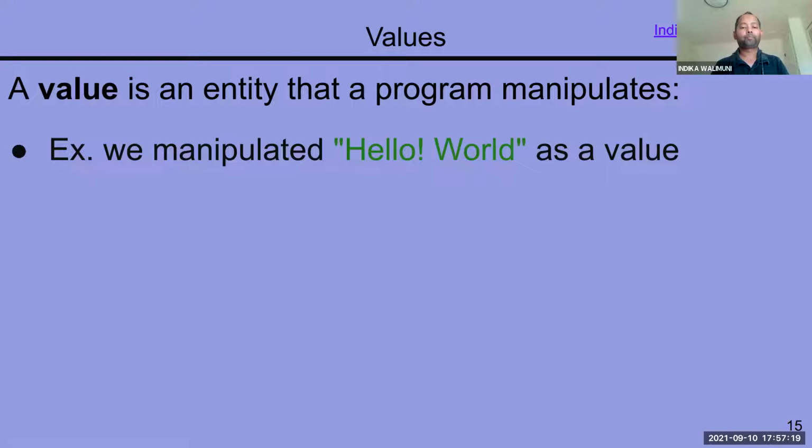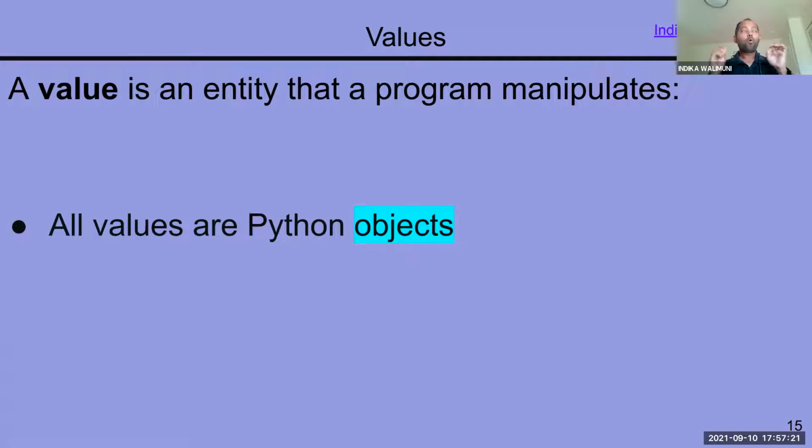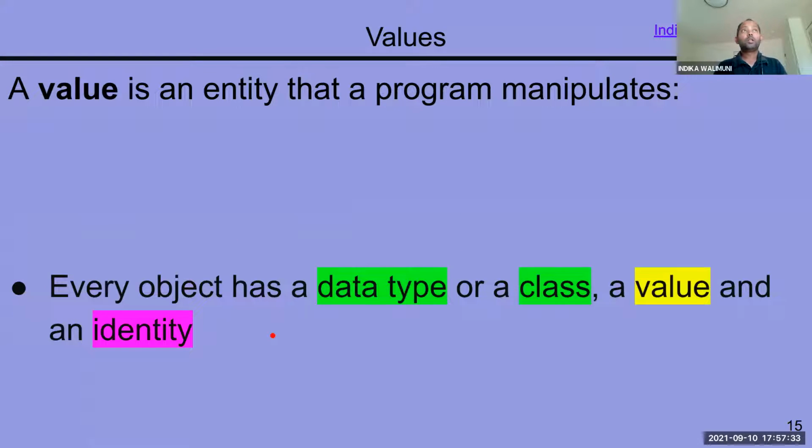All values in Python are objects, so we call them objects. Every object has these three things. It has a data type or a class. Sometimes we interchangeably use type and class; it's the same thing.